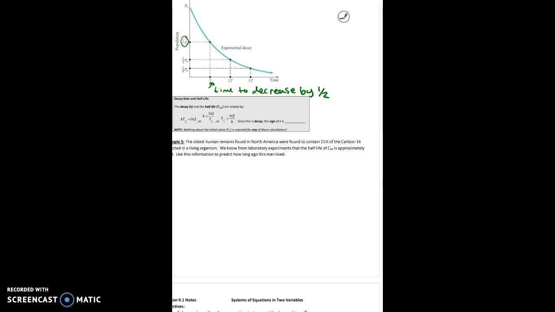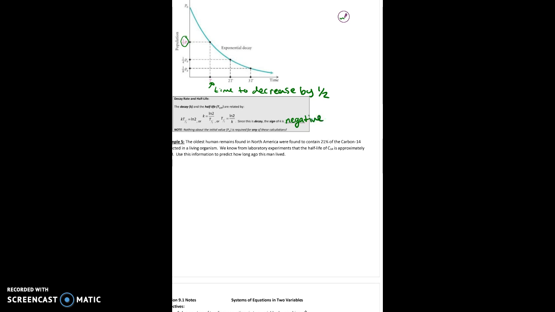And that's 1/4 of the original amount, or half of our half-life. And 1/8 is 1/8 of the original amount, or half of our 1/4 half-life. So decay rate and half-life are related in the same way as our growth rate and our doubling time, as long as we acknowledge that the sign of k is negative.